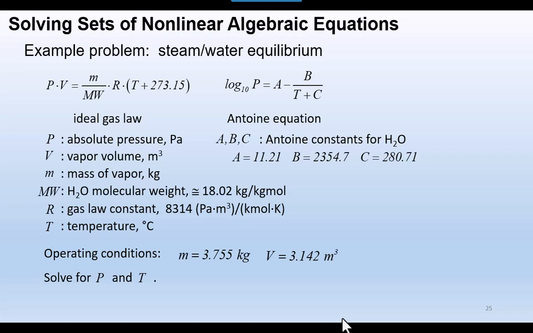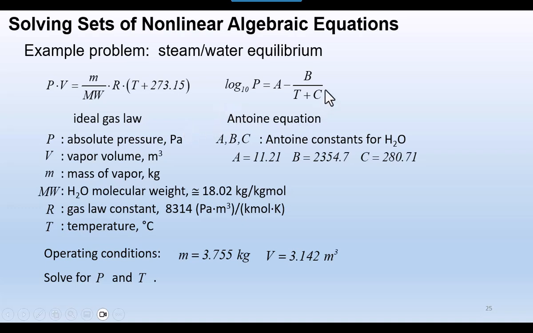Here we're modeling the gas phase, or the steam vapor phase, and we're using two equations to do that. One is the ideal gas law, which is shown here on the left, with the things added in terms of the mass of the vapor and molecular weight of water, and also the temperature in Celsius and converting it to kelvins for the ideal gas law.